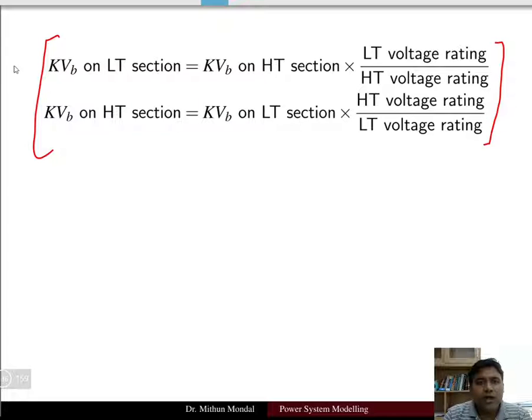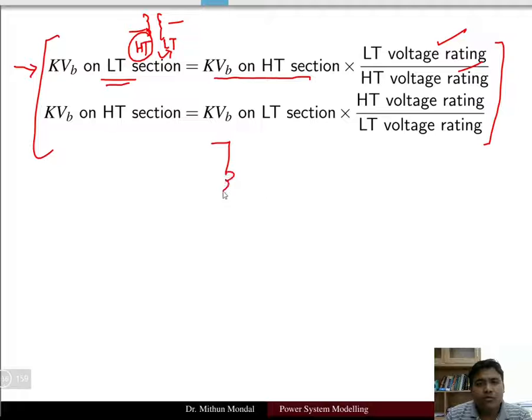When we are trying to obtain a kV base on the low tension section, suppose you have a transformer with a high tension side and a low tension side, and you know the kV base on the high tension section, then you can obtain the low tension base by the formula: kV base on high tension section multiplied by the turns ratio, that is low tension voltage rating by high tension voltage rating.